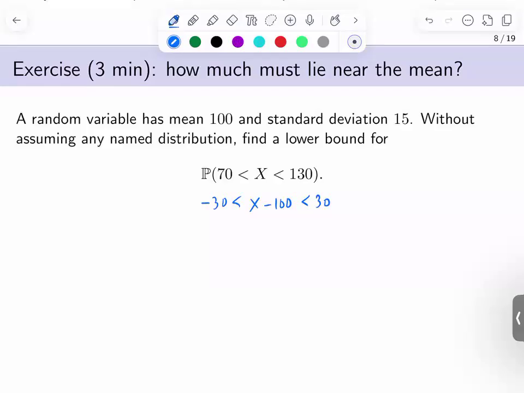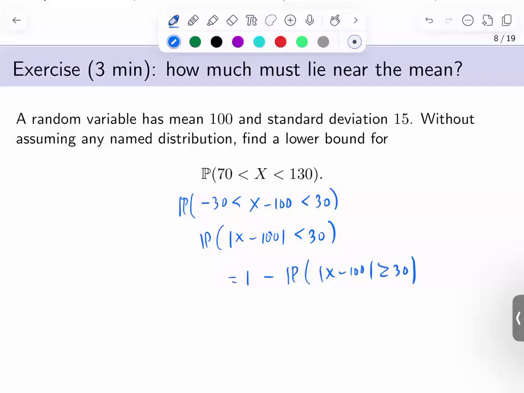So this is the probability that the absolute value of x minus 100 is less than 30. Okay, which is going to be 1 minus the probability that x minus 100 is bigger than or equal to 30, right?